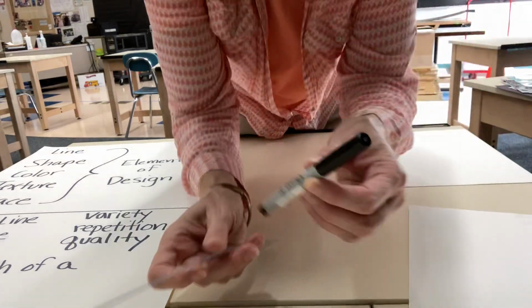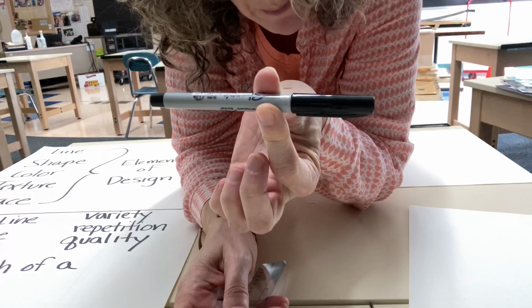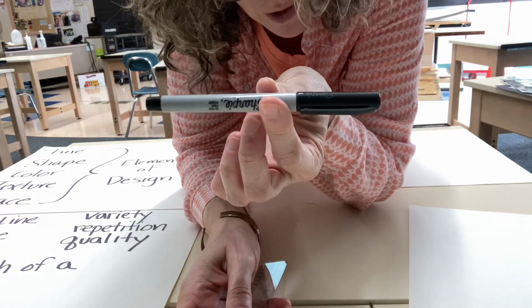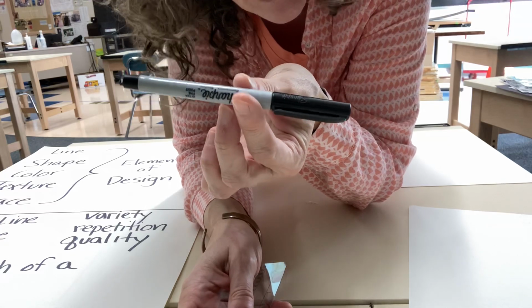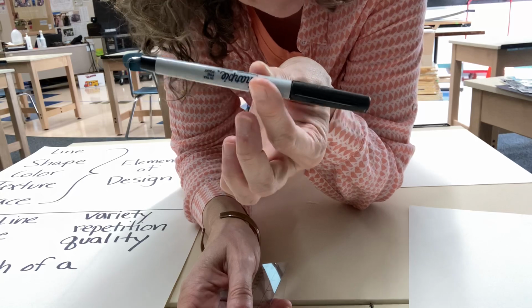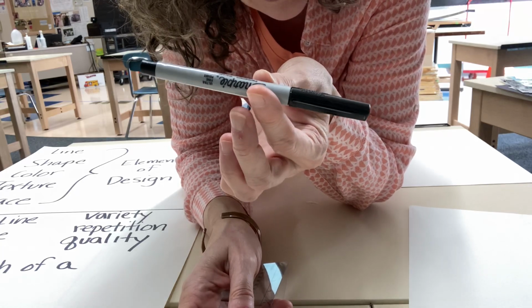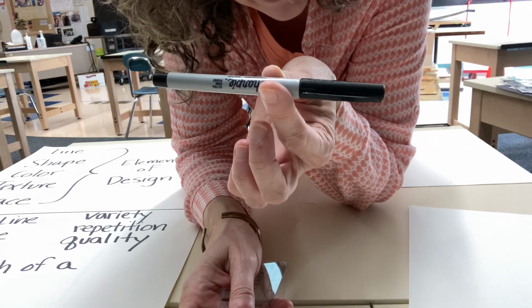Lastly, a Sharpie marker. If you don't have a Sharpie marker, you can use a pen. Pencil is okay, however, it will smudge after a while, and you want this design to be very, very crisp. You want the black to be as black as it could be. You want the white to stay as white as it can.